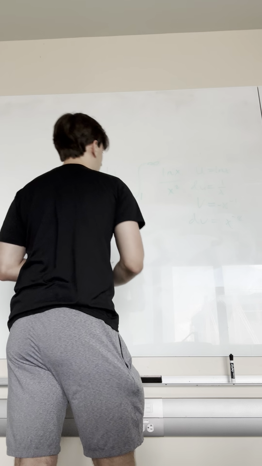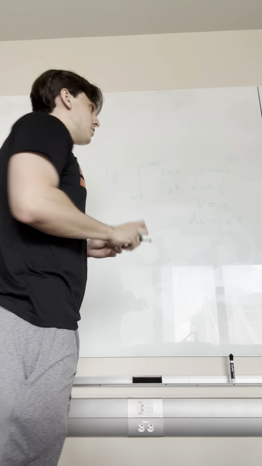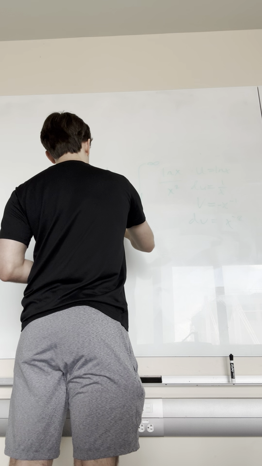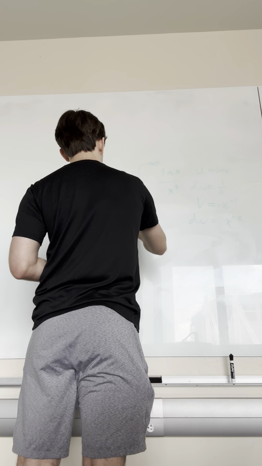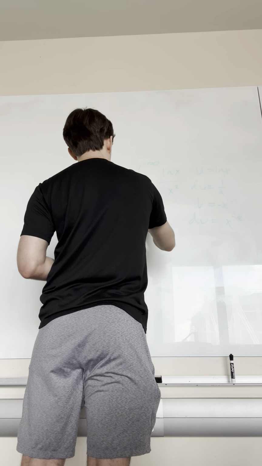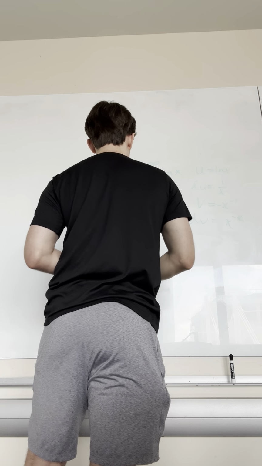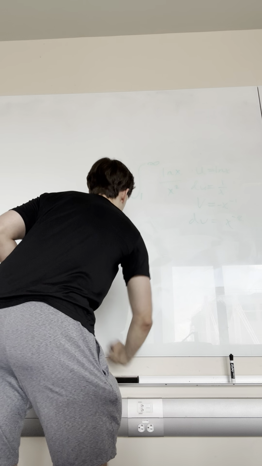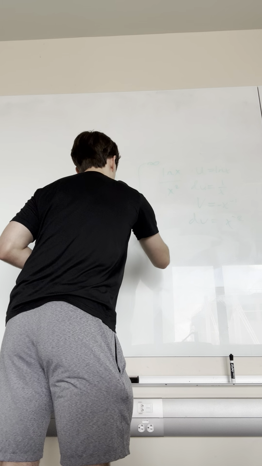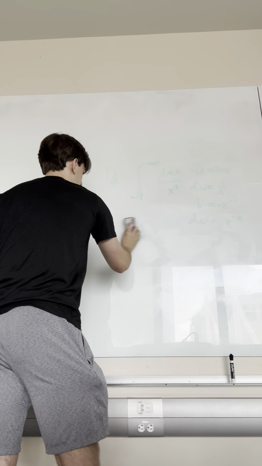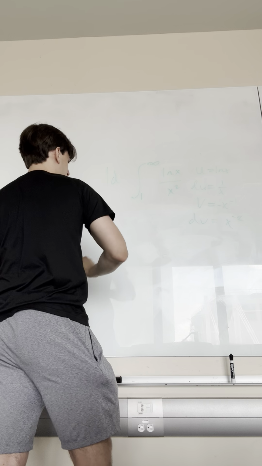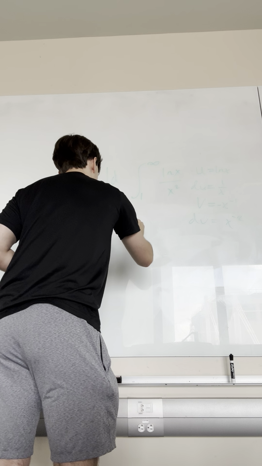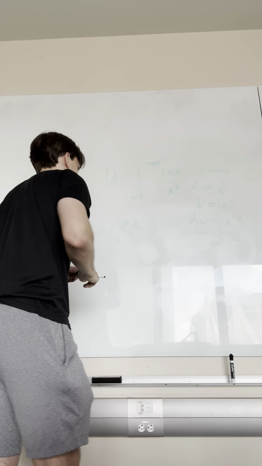And so we just use our formula, uv minus the integral of v du, and we get ln of x times negative x to the negative 1 power, which simplifies to negative ln of x over x.